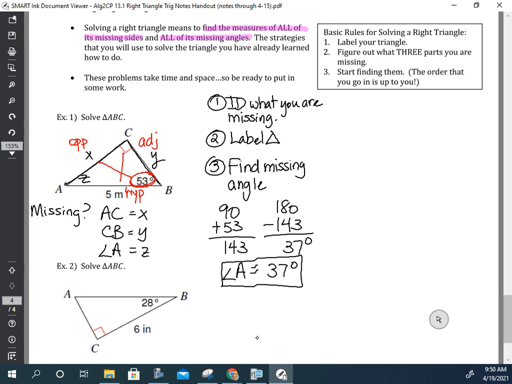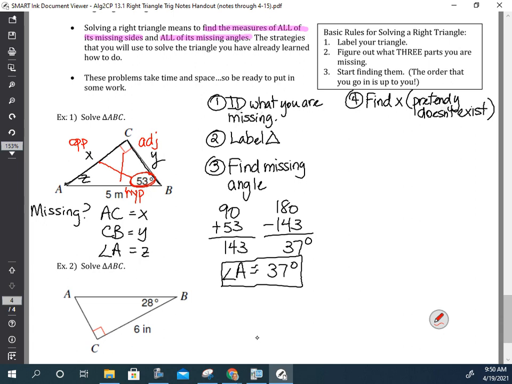Now, step 4 is to find the missing sides. So the missing sides you have to do in 2 parts. So step 4, we're going to find x. To find x, you're going to pretend that y doesn't exist. If y doesn't exist, that means the adjacent doesn't exist.